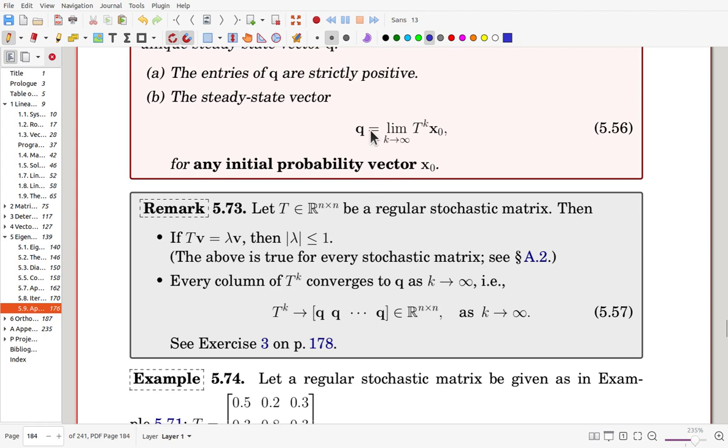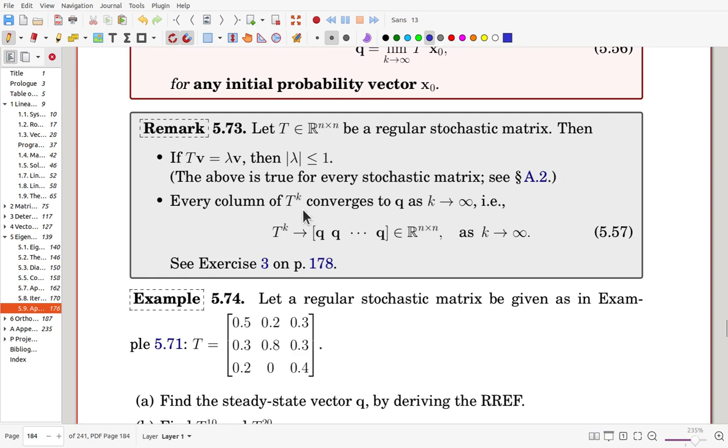From this power method, we can see that the largest eigenvalue is 1, just 1, and not in its absolute value. In fact, the number 1 is the largest eigenvalue. But this one is always true for every stochastic matrix. I'll prove this somewhere in the appendix.